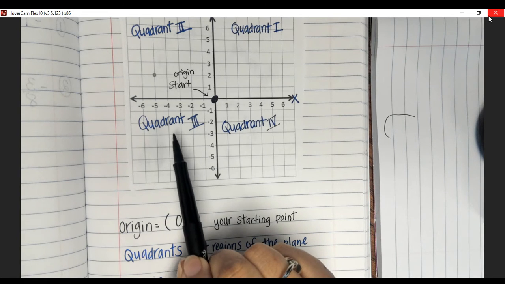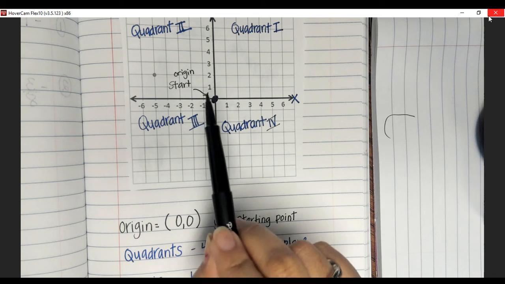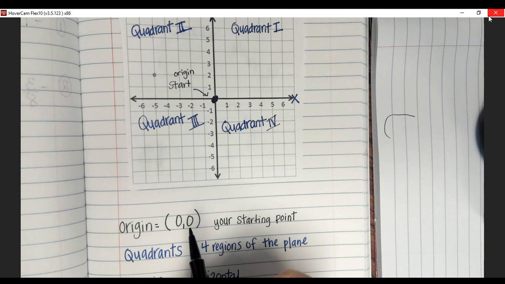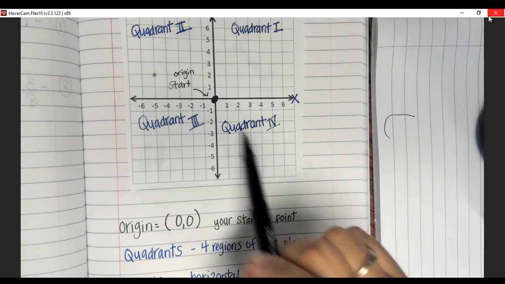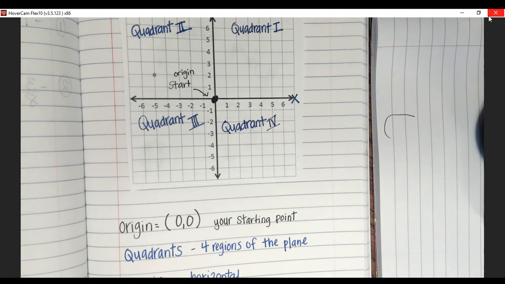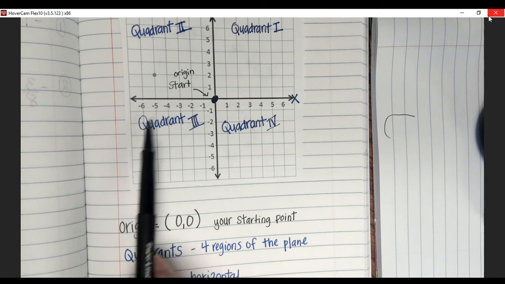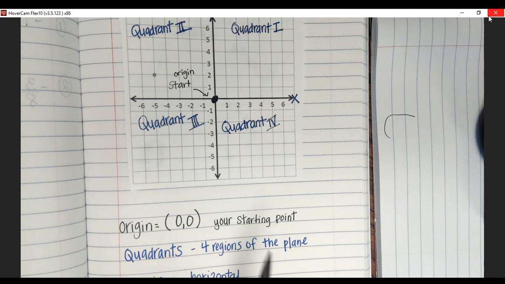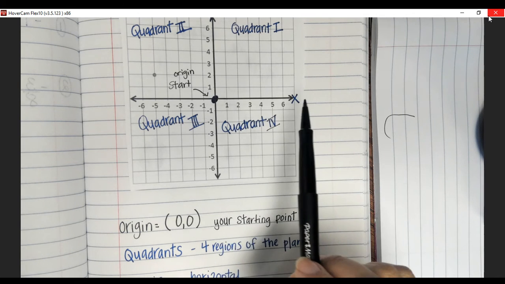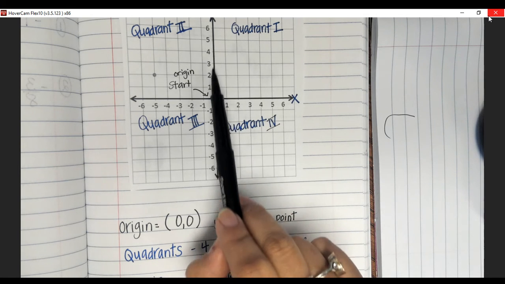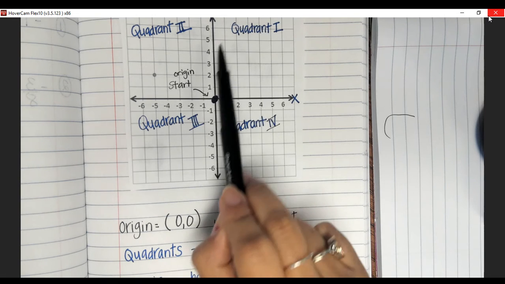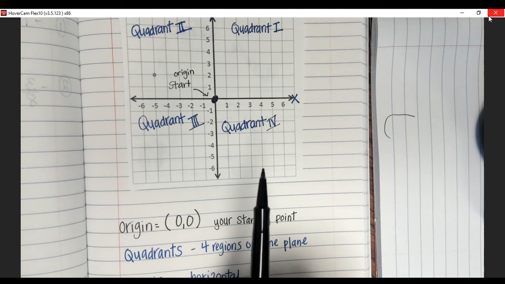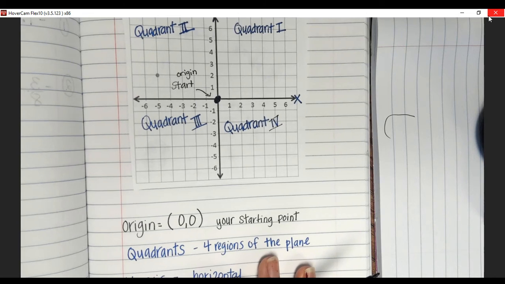Quadrant 3 is made up of negative X and Y coordinates. If you know that your coordinates are both negative numbers, then you should be in quadrant 3. If your X and Y coordinates are both positive numbers, then you're going to be in quadrant 1. Okay, so I'll show you an example.